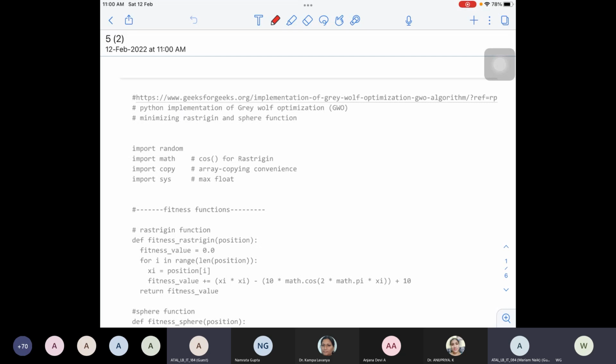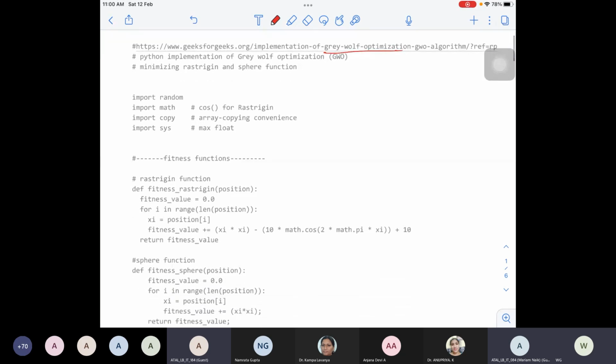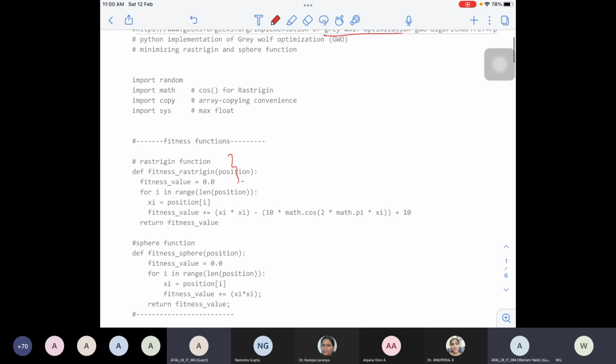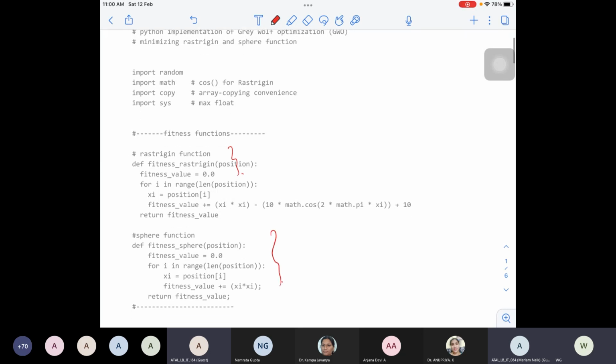So here, we once more see this Grey-Wolf optimization that has been applied with respect to the same two functions, the Rastrigin function as well as the sphere function.